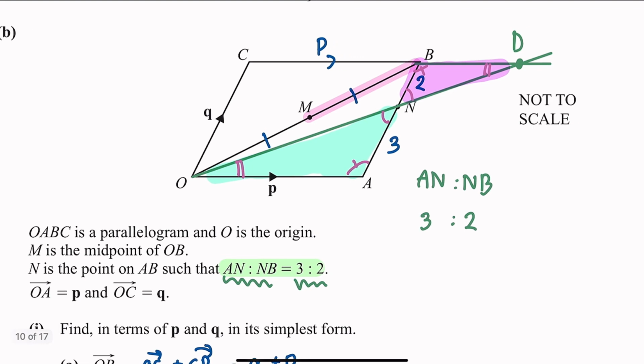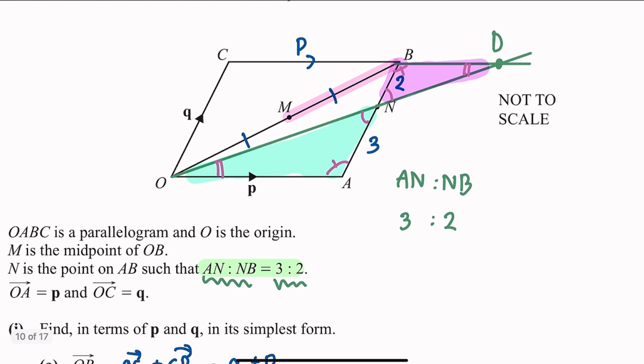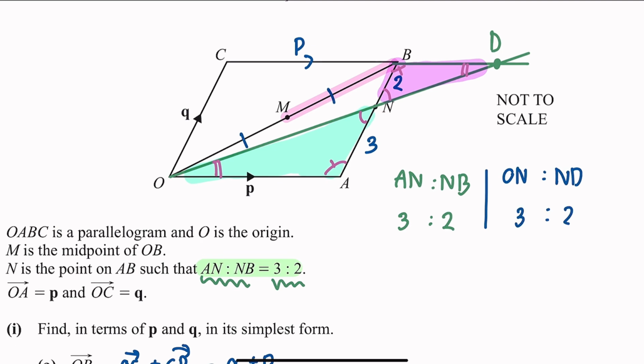And therefore, from this, we will get ON to ND is equal to 3 to 2. And this is 2, this is 3.